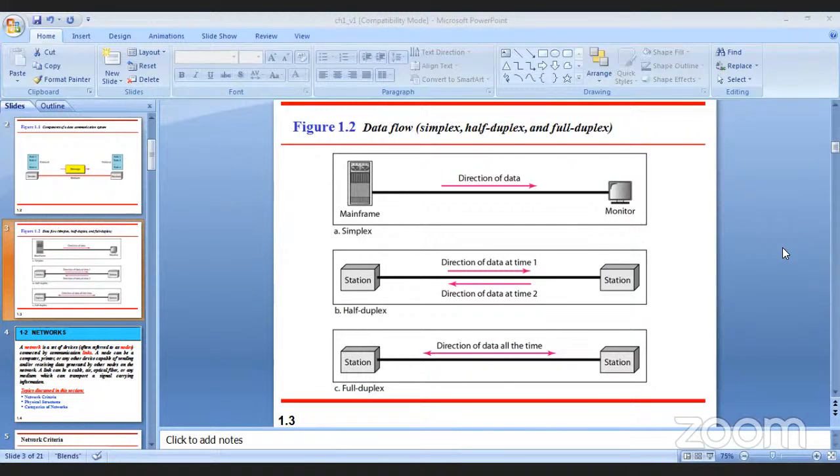In full duplex, the data will be transmitted in both directions and at the same time, like while we are talking on the phone.